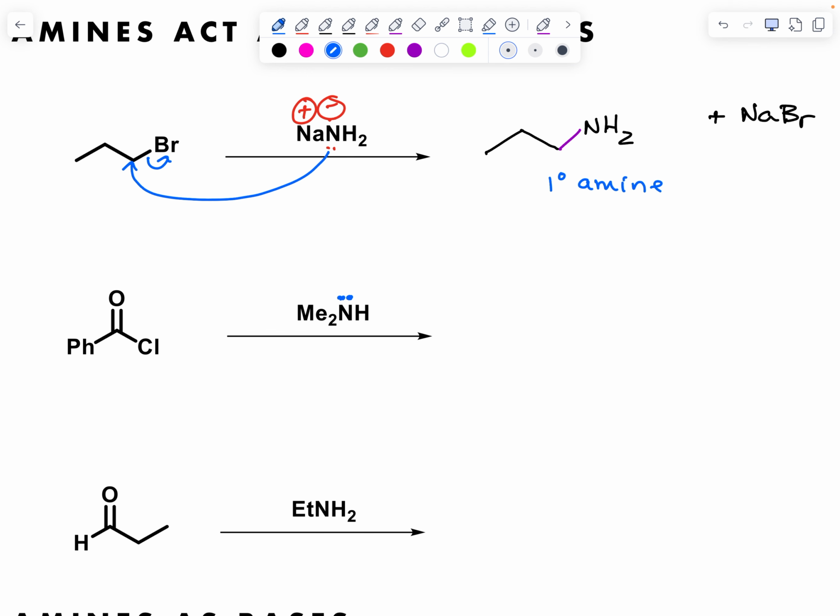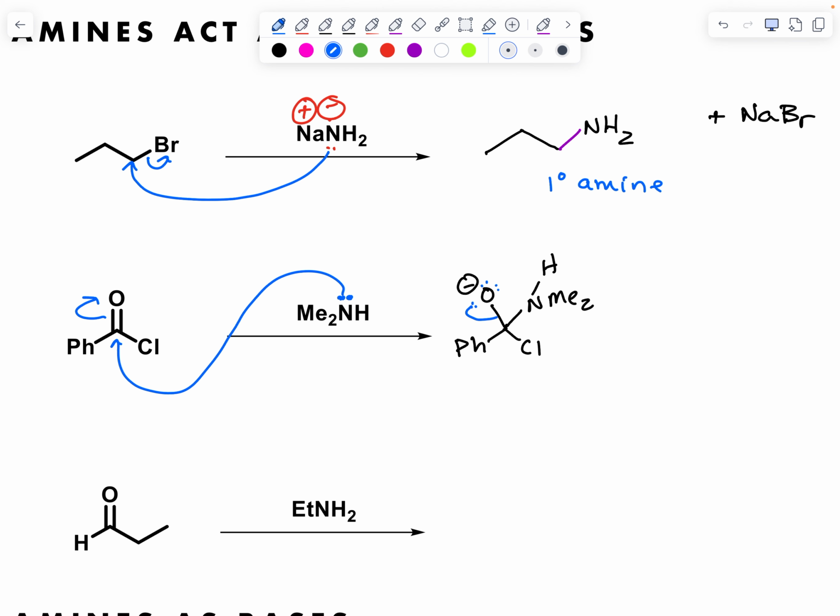I'm going to label the amine as a base, reacting with the acid. It forms the ammonium as a conjugate acid, and then we also made the conjugate base.